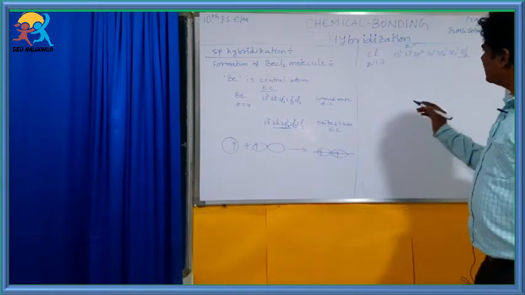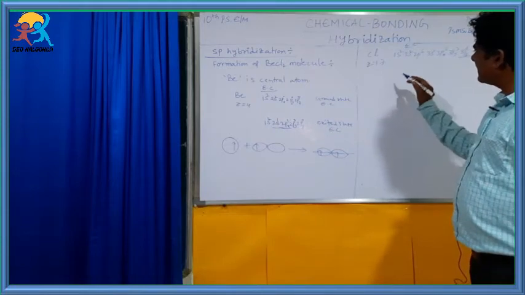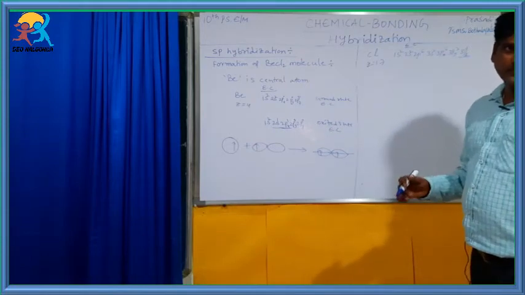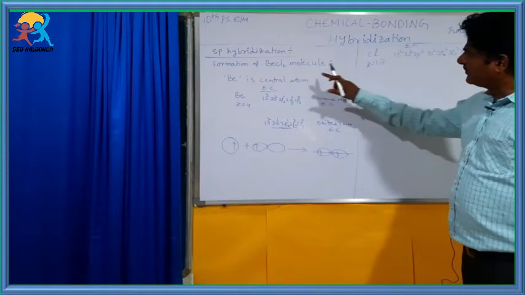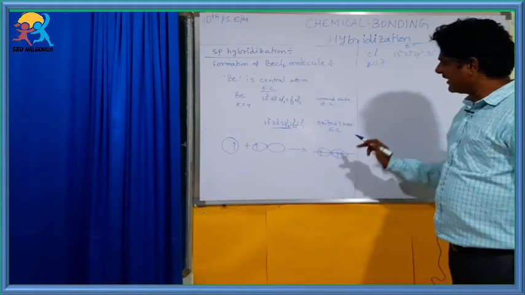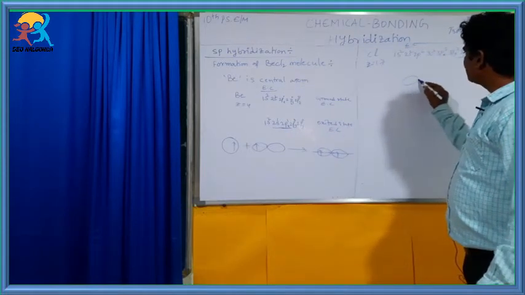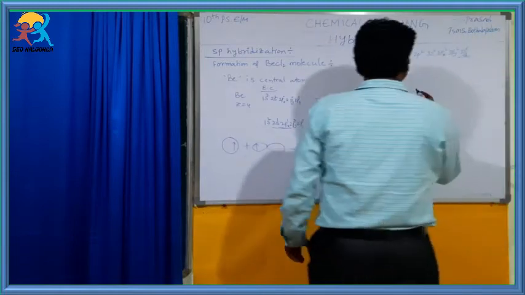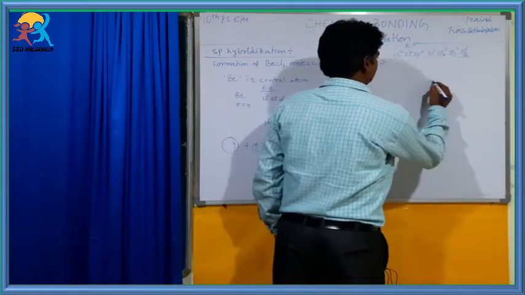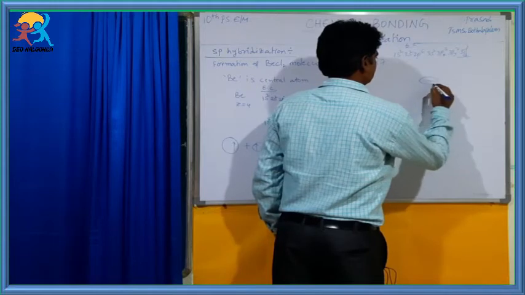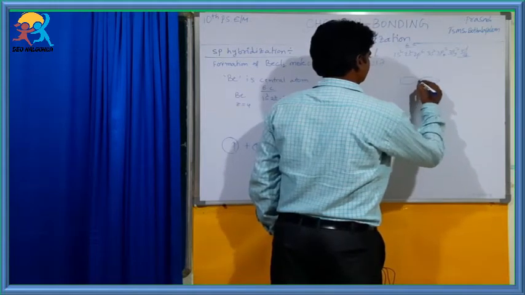What is the shape of the 3pz orbital? Dumbbell shape. So the 3pz orbitals of chlorine atoms overlap with the sp hybrid orbitals of the beryllium atom, as shown in the figure.